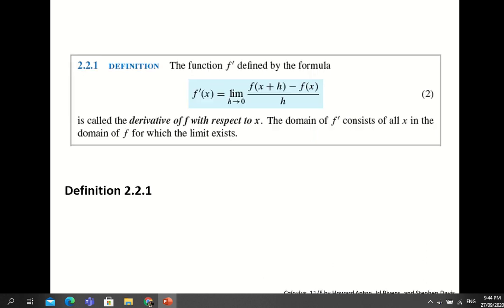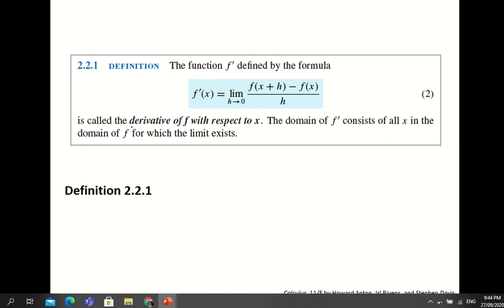So we have here another definition which is related to the previous one. The function f prime of x is defined by the formula f prime of x equal to the limit of f of x plus h minus f of x, divided by h, as h approaches 0.